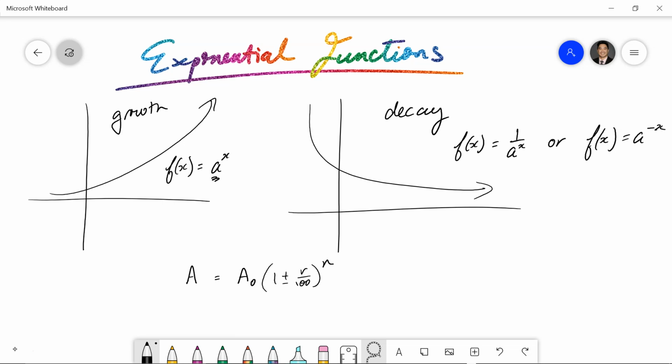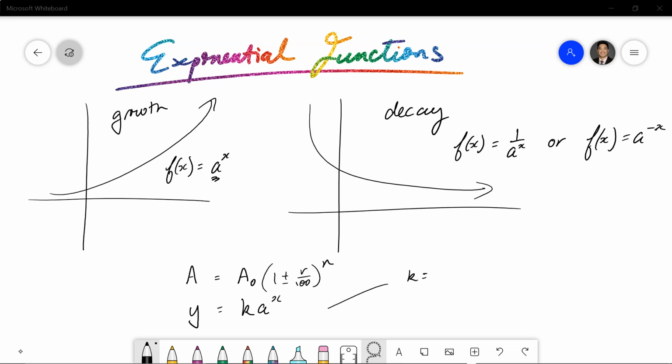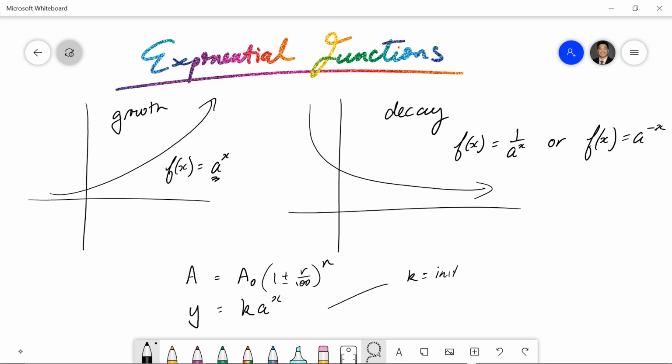When we're looking at exponential functions, we could replace some of these values with simple variables: y equals k times a to the power of x, where k is going to represent the initial value or initial amount, and a is going to determine if it's growth or decay.